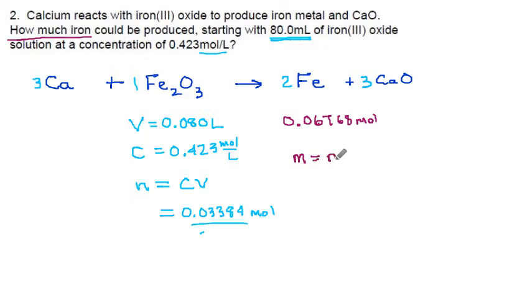The mass of anything is how many moles of it times its molar mass. 0.06768 moles times the molar mass of iron, 55.85.